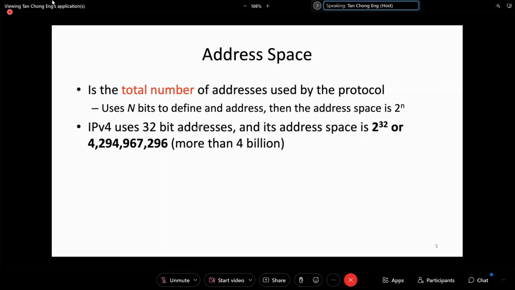We have something like 16 or 17,000 students, excluding staff. If you include all the staff, admins and some other people, I think we have close to 20,000 internet users on campus. So imagine one organization, like one university, already takes up 20,000 IP addresses. There are so many organizations out there. For sure, 4 billion is not enough.